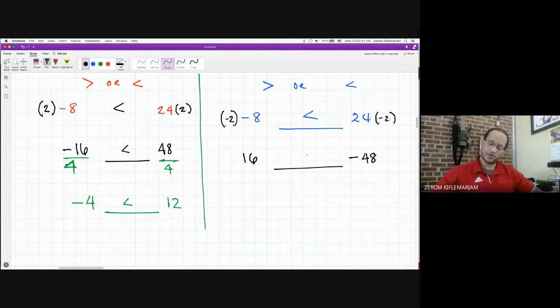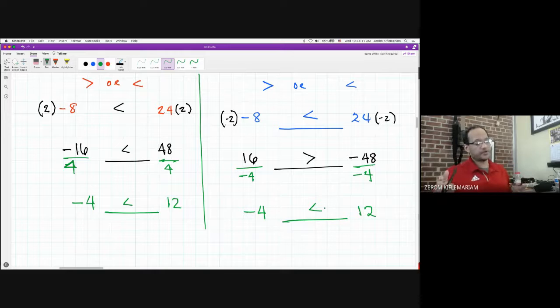Greater than. And then if I divide by -4, 16 divided by -4 gives me -4. -48 divided by -4 will give me +12. What sign goes in between? Less than. So what I'm trying to establish is if I multiply or divide by a positive number, nothing happens to the sign. But every time I multiply or divide by a negative number, what happens?